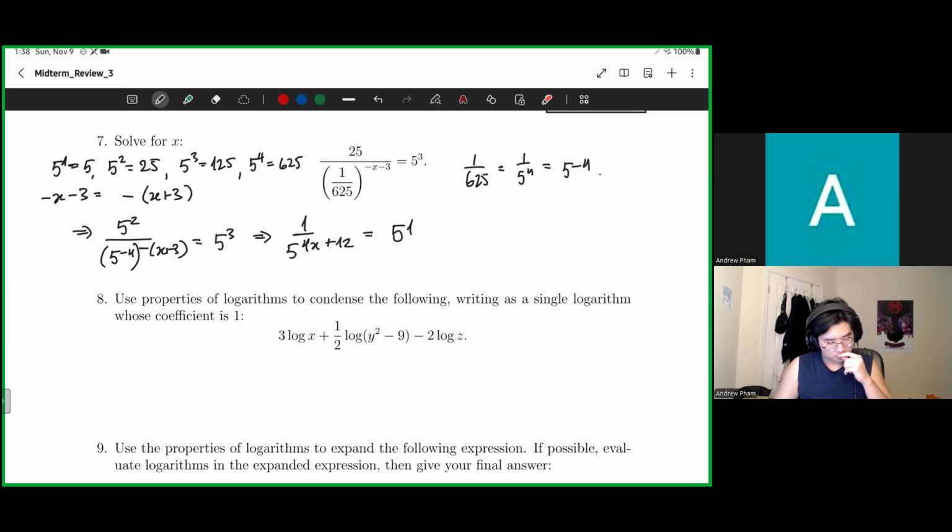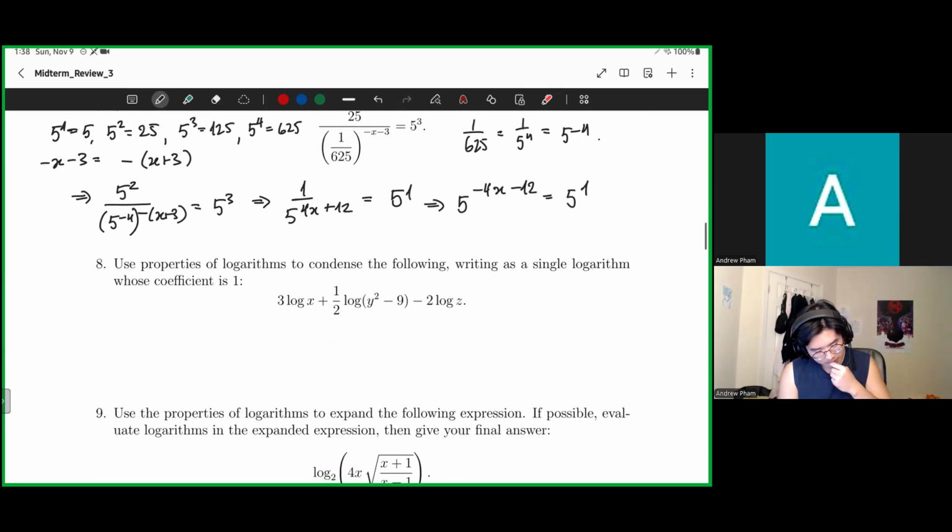All right? Now, if I keep going, I can invert this equation as 5 to the minus 4x minus 12 is equal to 5 to the 1. And so since I have the same base now, I can set the exponents equal to each other.